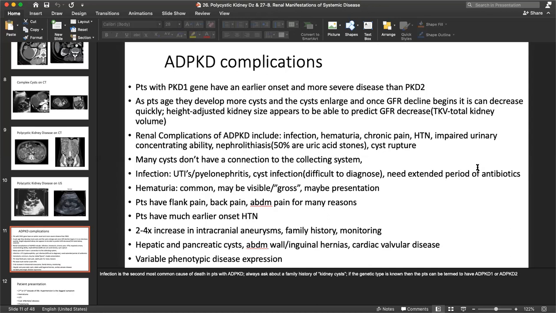So they could have infections, increased risk of UTI, hematuria, chronic pain, hypertension, can't concentrate their urine well, uric acid stones, and ruptured cyst. Know that there could be hepatic cysts as well, hernias, and then cardiovascular disease. And then the leading cause of death is going to be berry aneurysm.